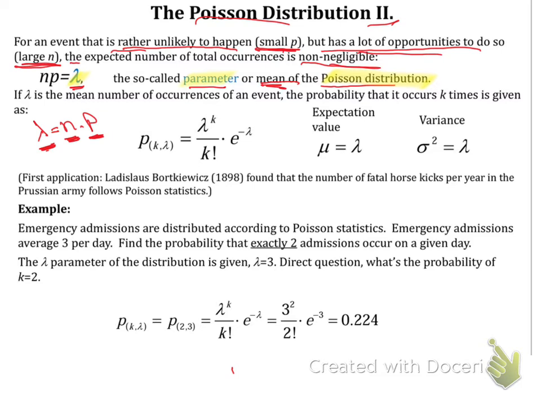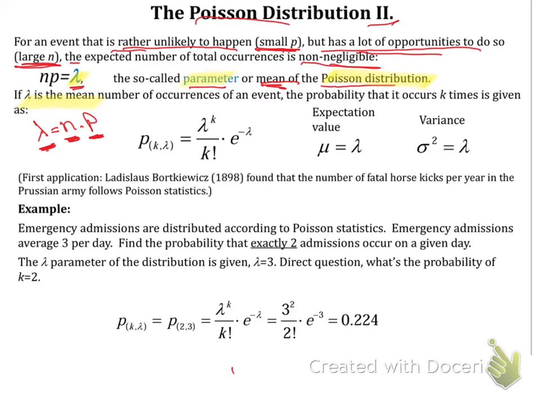If lambda is the mean number of occurrences of an event, or the parameter of the Poisson distribution, what is its probability to happen 2 times or 3 times? For example, the mean number of cars passing through this road is 300 cars per hour.